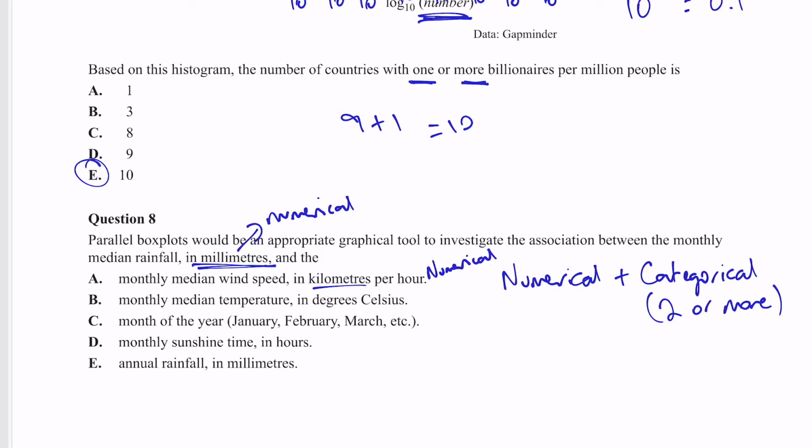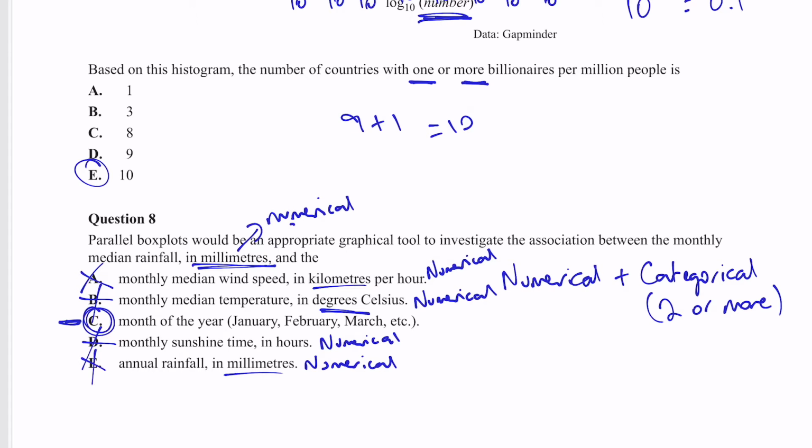We've already got something numerical, so we need to find categorical, so that can't be right. Monthly median temperature in degrees Celsius, that's also numerical, so that can't be right. C, month of the year, January, February, March, etc. That could be an option. Monthly sunshine time in hours, that's numerical. Can't be that. Annual rainfall in millimeters, that's also numerical because numbers are involved. Can't be that, which means C has to be the answer.